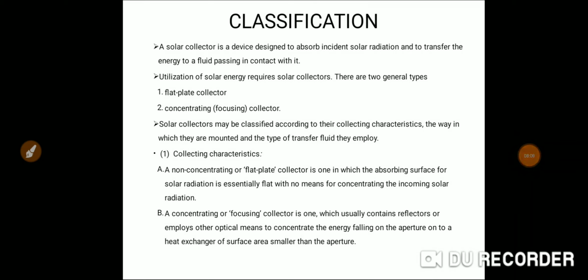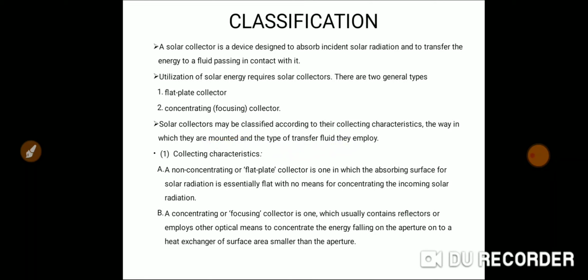Solar collectors are again classified on the basis of three parameters. Number one is collecting characteristics, number two is mountings, and number three is types of transfer fluid.